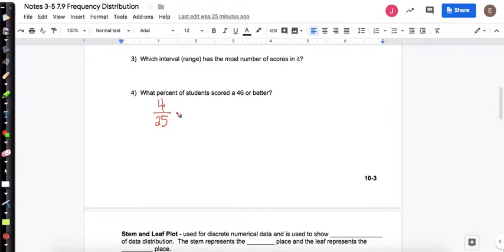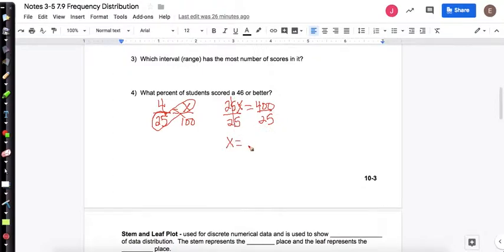So if I have 4 out of 25, I have part over whole equals percent over 100. I don't know the percent, so I'm going to put it over 100 because percent's always out of 100. So remember to solve a proportion, 25 times x is 25x. And 4 times 100 is 400. Now the opposite of multiplication is division, so we're going to divide by 25. 25 divided by 25 is a 1 in disguise.